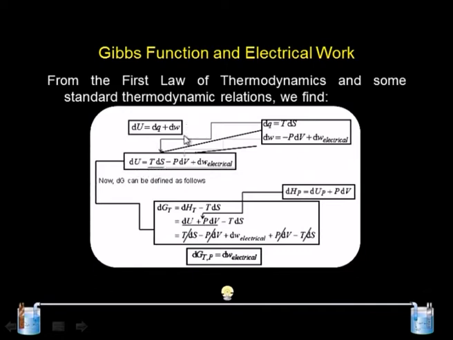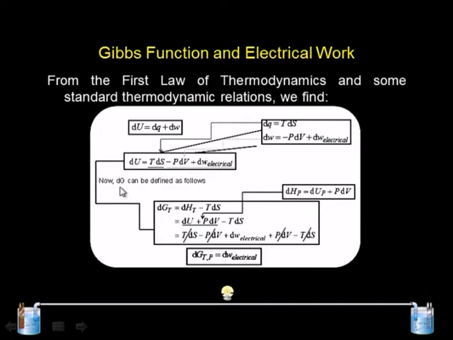Now, if we replace dw by the relation dw is equal to minus P dV plus dw electrical, we get the equation dU is equal to T dS minus P dV plus dw electrical.